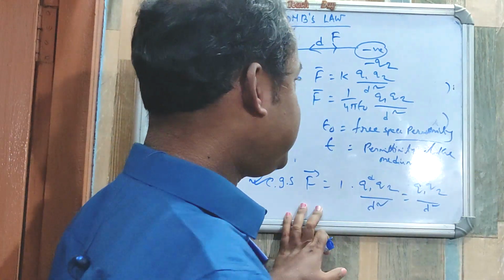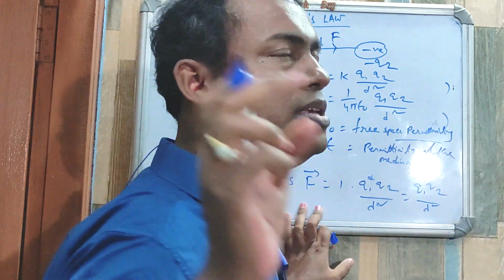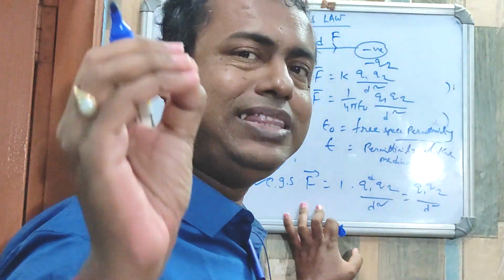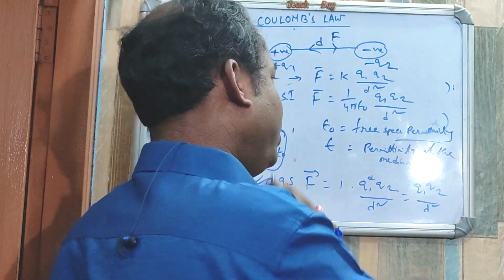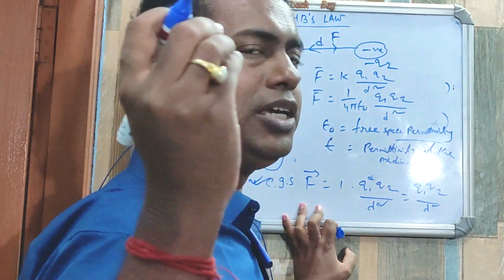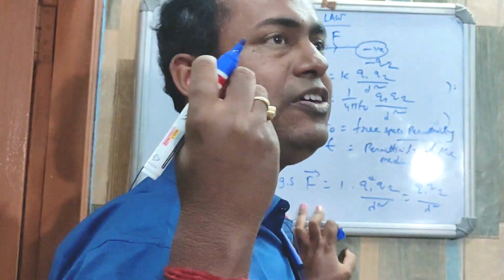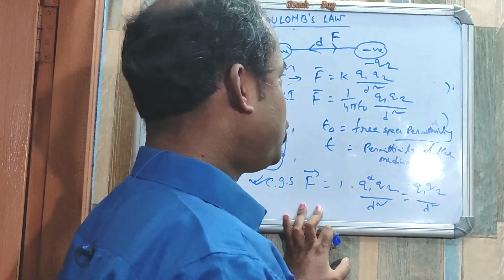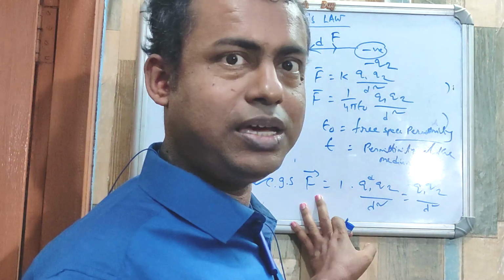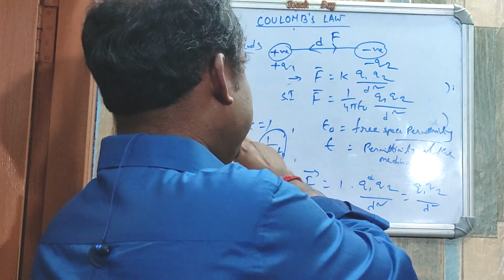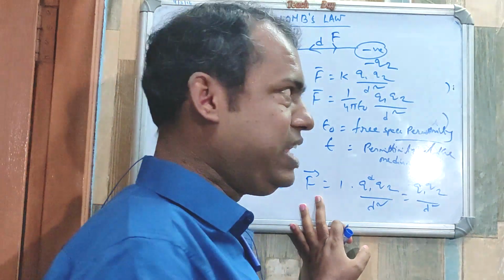So first, epsilon 0 means the free space permittivity when the medium is free, that is, the air medium. And the other one, epsilon, is called the permittivity of the medium, when a specific medium is present. These are the two main things we remember. Obviously it depends on the unit system and on the medium.